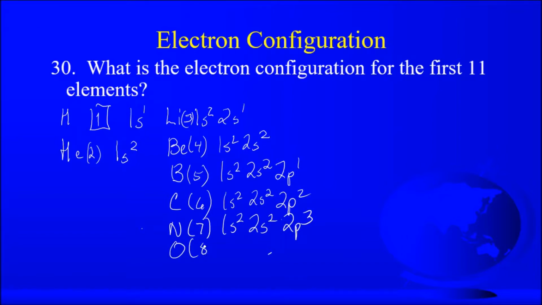Malachi, follow the pattern. That was nitrogen. Malachi, oxygen has 8. 2p4. Zach, follow the pattern.